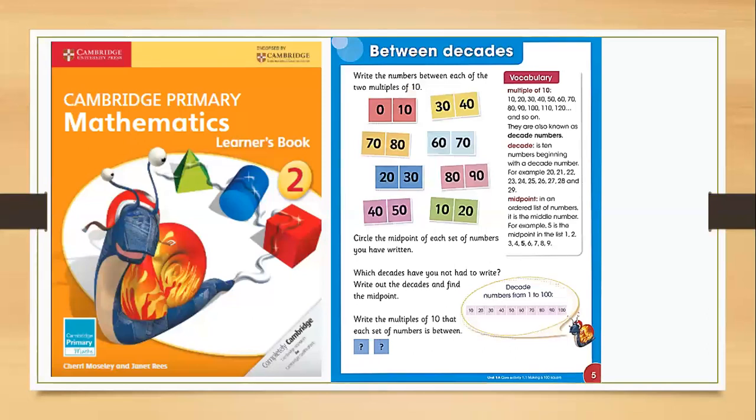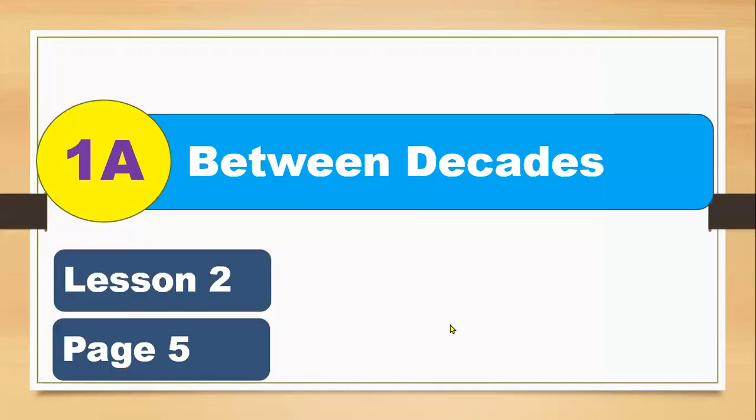So now we will review the previous lessons, from page 4 to 5. This is lesson number 2, Between Decades, page 5.